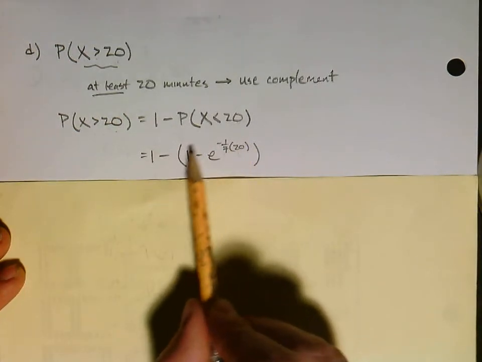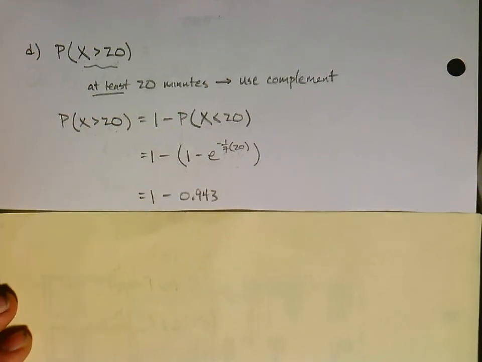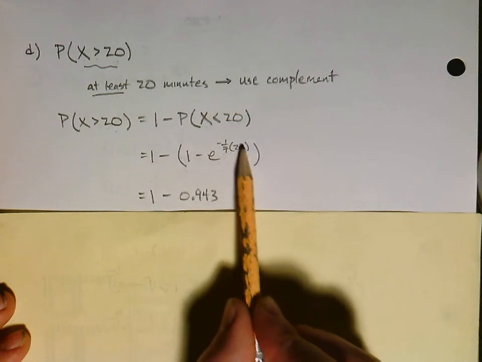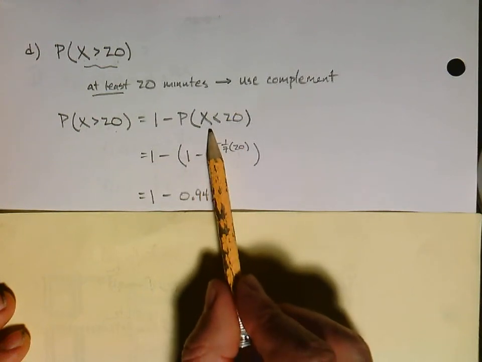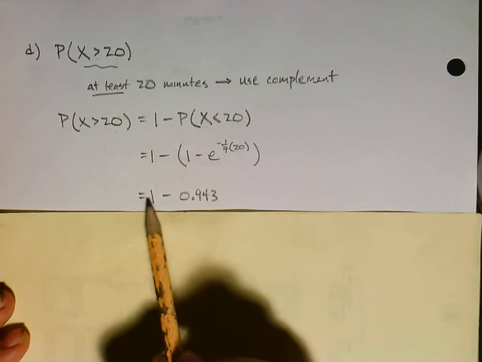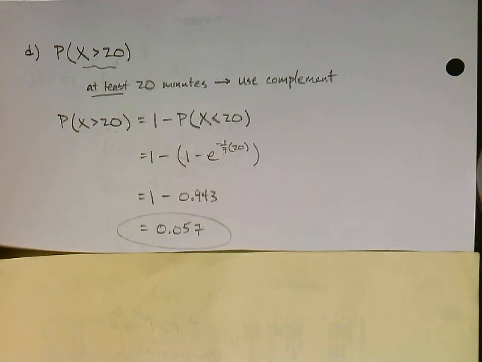That's just the formula for getting probabilities with the exponential distribution. Okay, at this point, grab your calculator. And I just started by calculating what's inside the parentheses. So that probability of being less than 20 turned out to be 0.943. So when we do the 1 minus, we get 0.057.